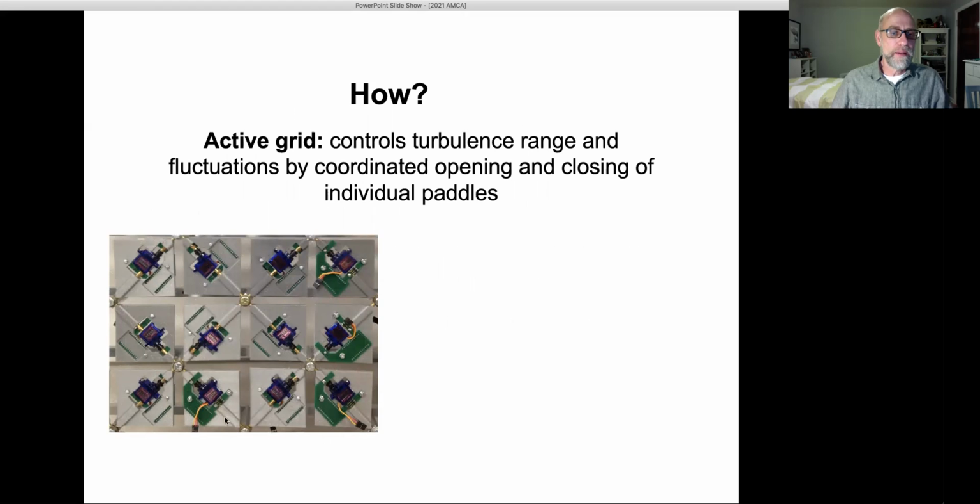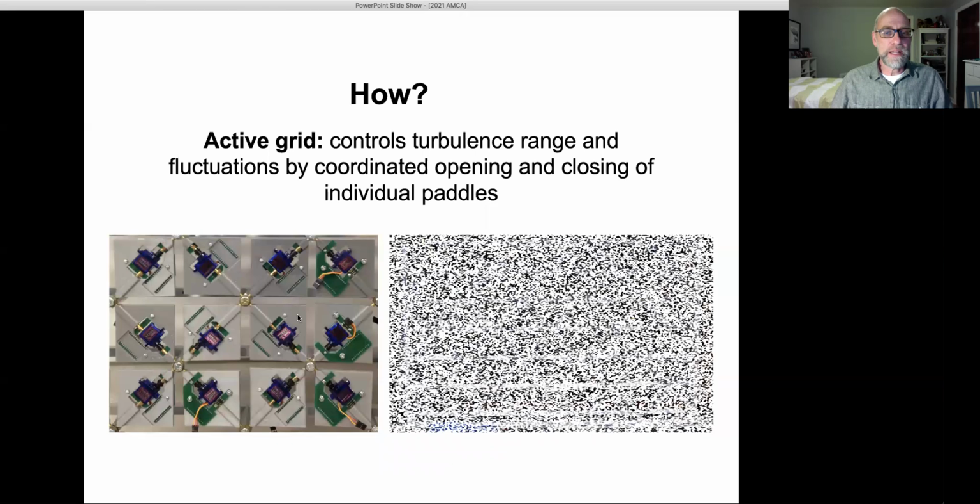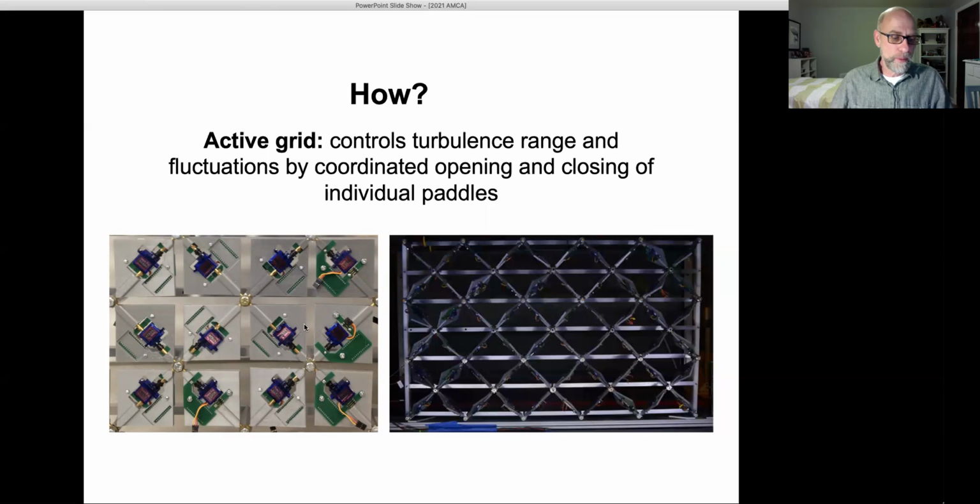So here's a subset of the paddles that are placed in the path of the airflow, and these can be opened and closed individually to create turbulence within the moving airstream. And this is the full array of 60 paddles, fully open in this particular picture, placed within a wind tunnel.